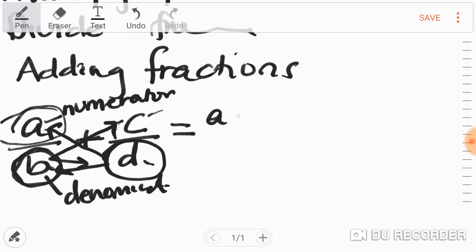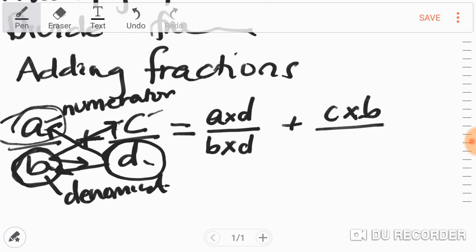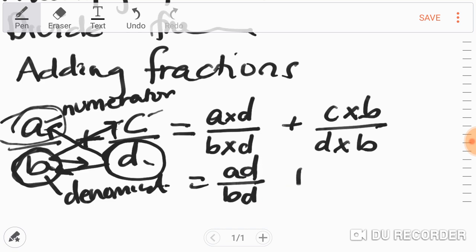So we will have a multiplied by d over b multiplied by d plus c multiplied by b over d multiplied by b, which is equal to AD over BD plus CB over DB.